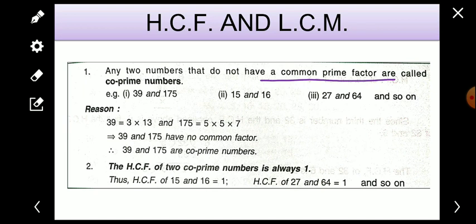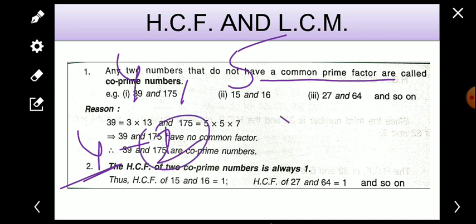Like if I talk about the numbers 4 and 5. What are the common prime factors? The prime factor of 4 is 2, and the prime factor of 5 is 5 only.